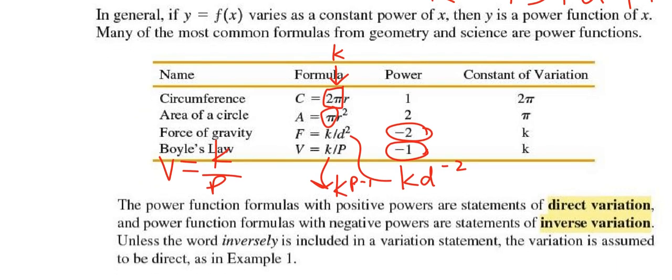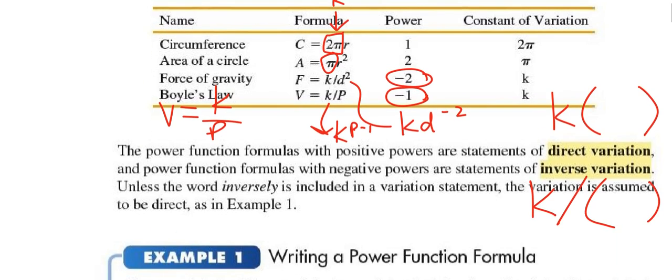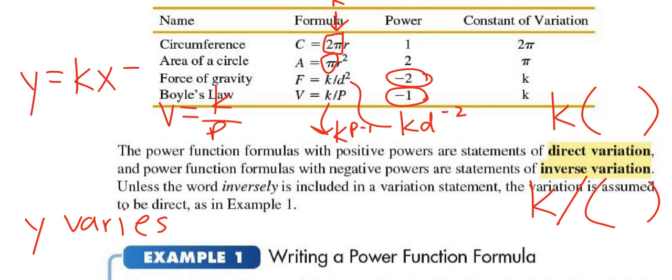So direct variation would be K times something. Inverse variation would be K divided by something. Now, what if y is varying directly with more than one variable? What if it was like this? Do you guys remember situations like that?